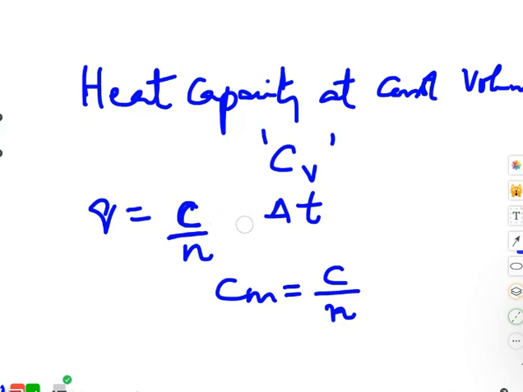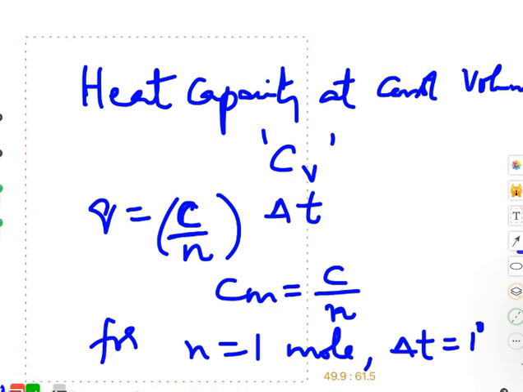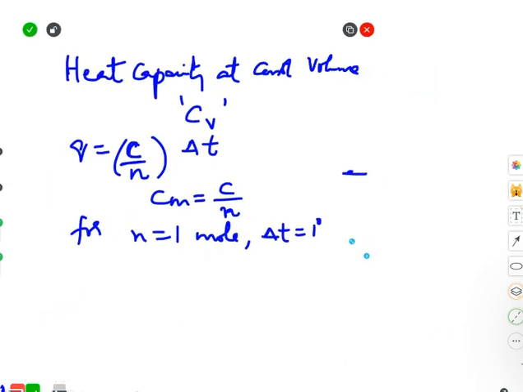So for n equal to 1 mole, delta T equal to 1 degree, your Q at constant volume is Cm, C by n.